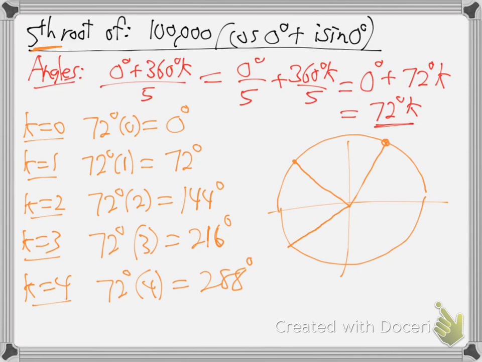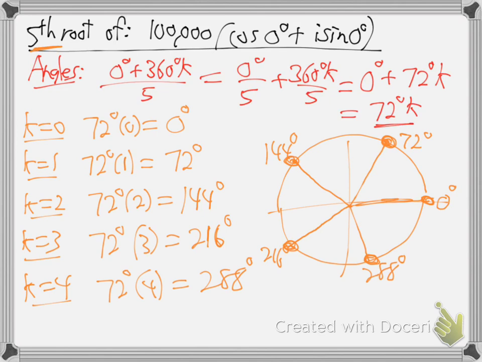Here's 0, 72 degrees, 144 degrees, 216 degrees, and 288 degrees. It perfectly breaks up. They're exactly symmetric as they go around the unit circle. There's where our 5 complex numbers are going to end up. They always perfectly symmetrically break up the complex plane. It's a whole very interesting area, with a lot of neat stuff which we don't have time for.